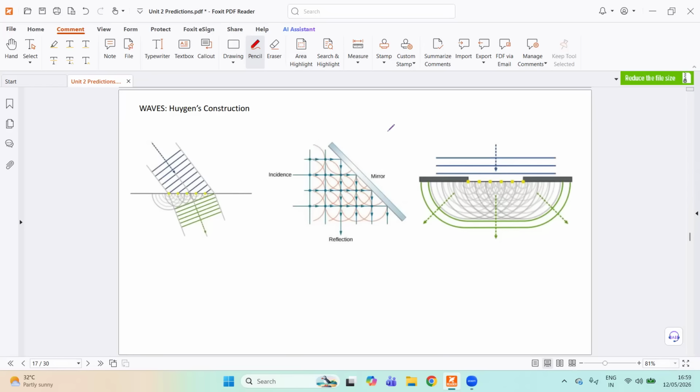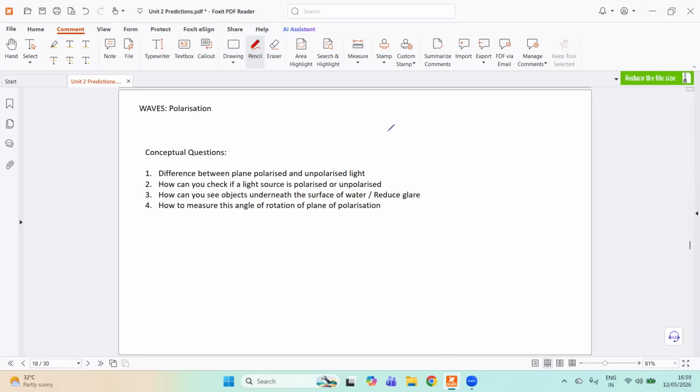Every point on a wavefront can be thought of as source of secondary circular wavelets, and these waves superpose. Okay, and the definition is of course given in the definition sheet, and detailed description is given in the fact sheet. And there are other years that this has appeared in. So be very wary of this concept.